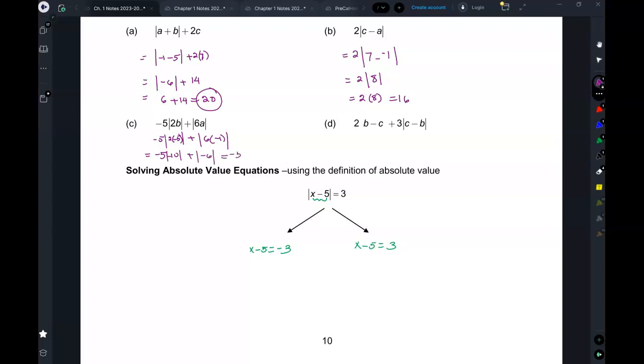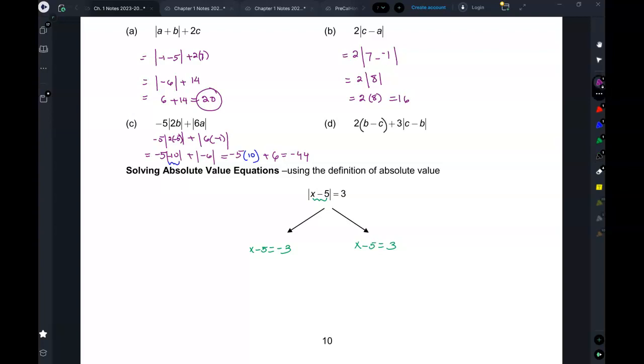So look, this is -5 times +10 plus +6. So -50 plus 6, -44. And here, these are just regular parentheses.